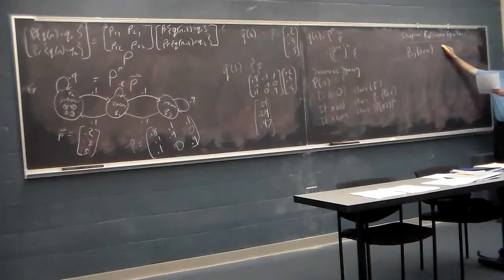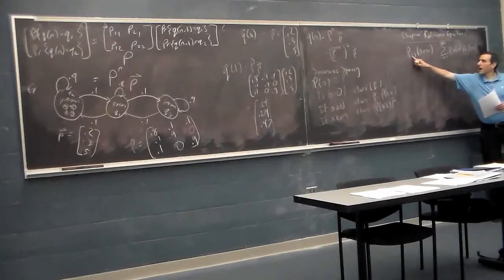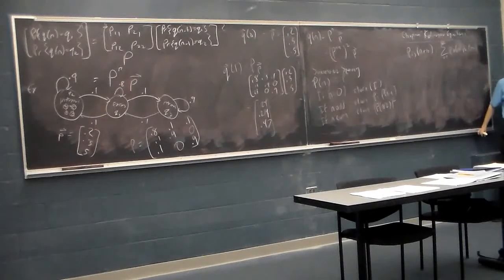And what the Chapman-Kolmogorov equations say is that this is the sum over any states k, so k equals 1 to the size of our state set Q, of p sub ik of n times p sub kj of m. So basically, the probability of going from i to j in n plus m steps is the probability of enumerating over all of the states we might have passed through at an intermediate step, so all of those k, probability of going from i to k in n steps, and then going from k to j in the remaining m steps.